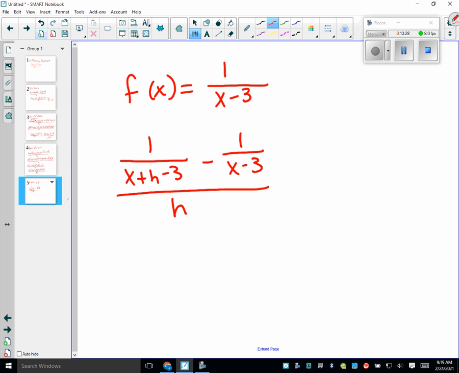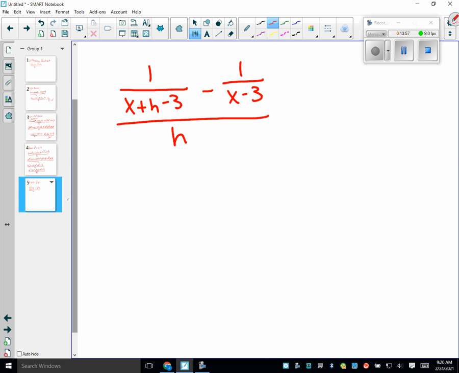Okay. In my numerator, I have 2 fractions that I am subtracting or adding, however you want to look at it. Isn't it true the only way to add or subtract fractions is to get a common denominator? And isn't my common denominator x plus h minus 3 times x minus 3?